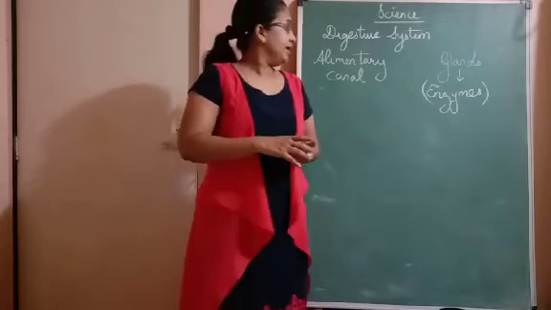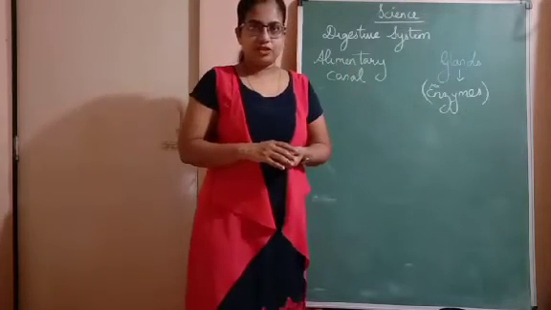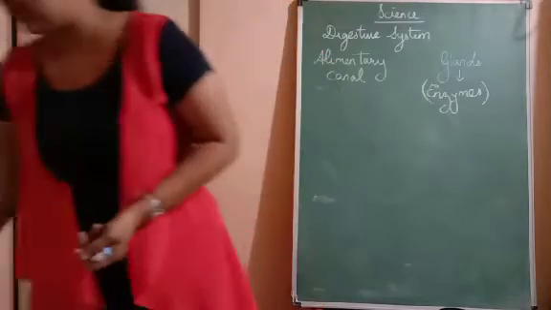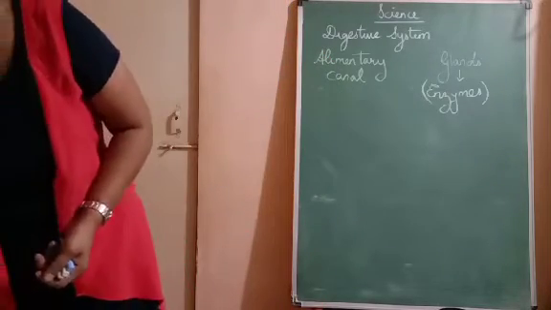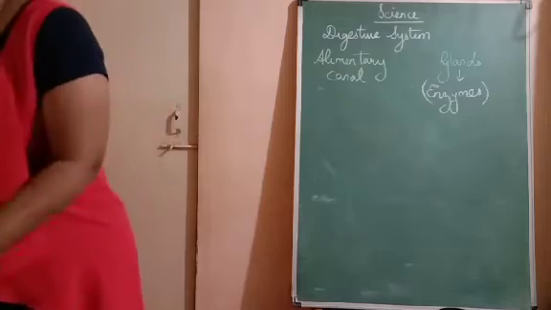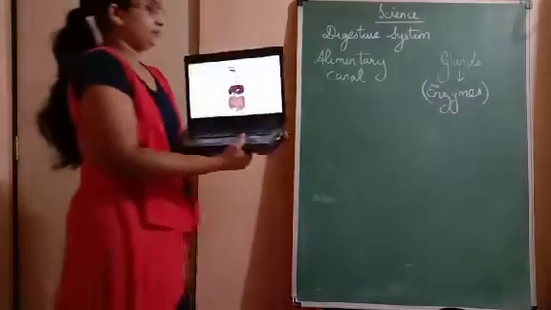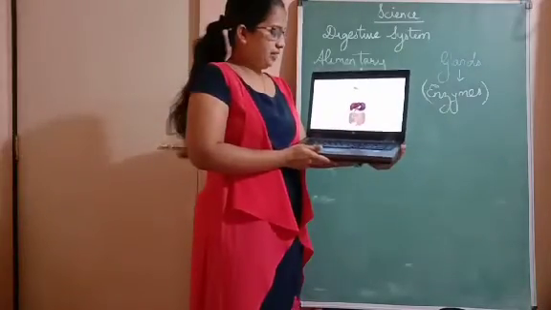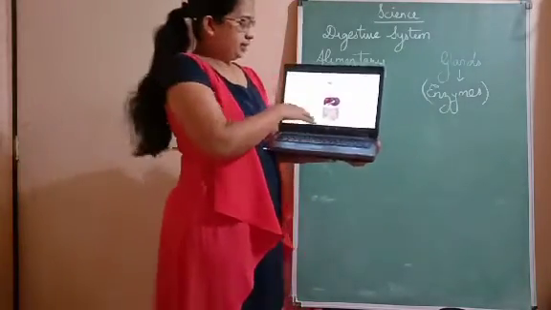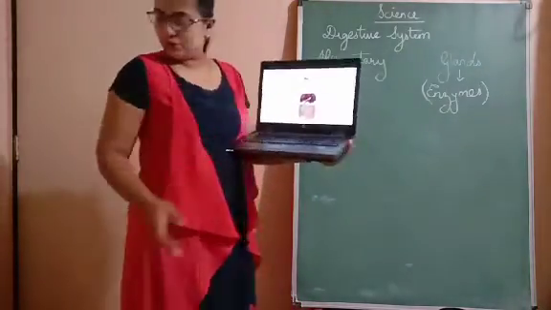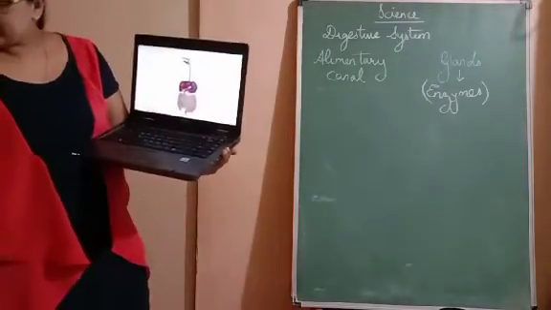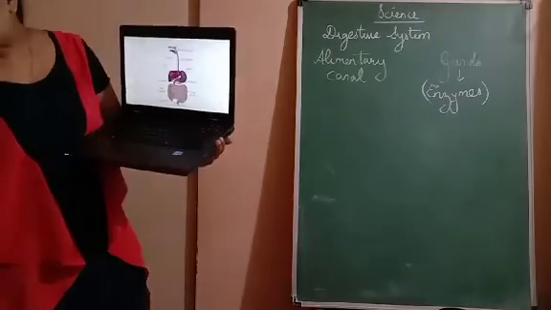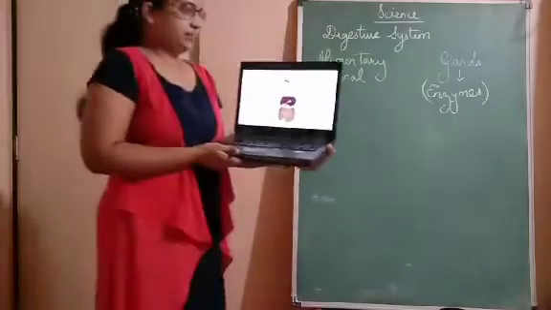Now, like I said, the various organs of digestion, let's have a look at the diagram of the digestive system. Given here is the diagram of the digestive system. In case this is not very visible to you, you can open your textbooks to page number 85 and there you can see your digestive system.